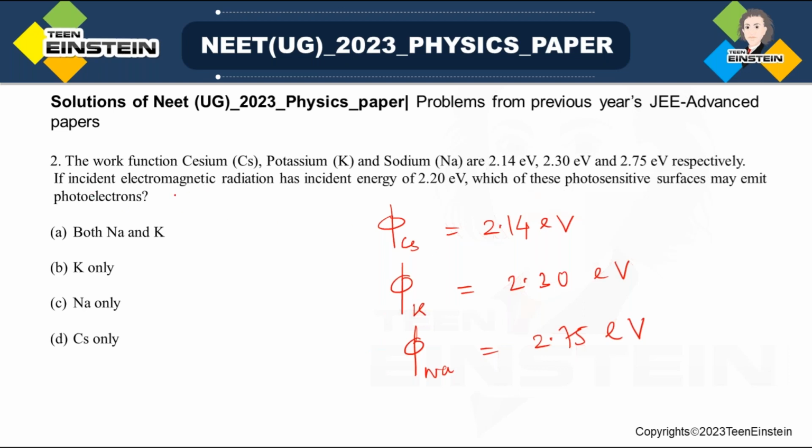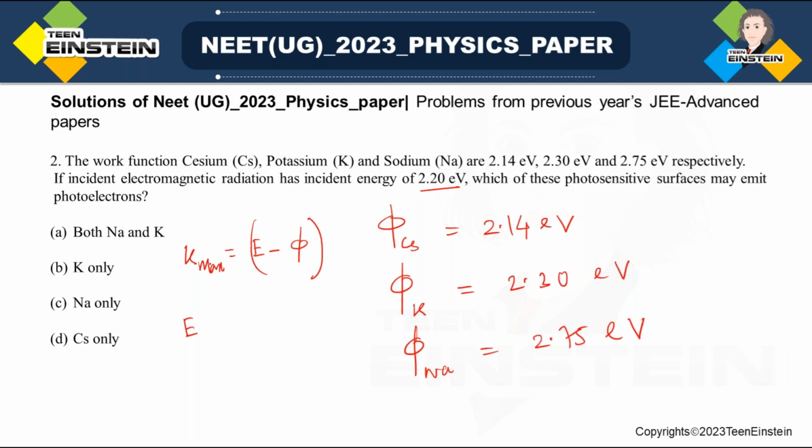Now incident electromagnetic radiation has incident energy 2.20. So incident energy, that means E, we know Einstein's equation of photoelectric effect is given by h nu minus phi equals maximum kinetic energy of the emitted photoelectron, which will be E incident energy minus phi.